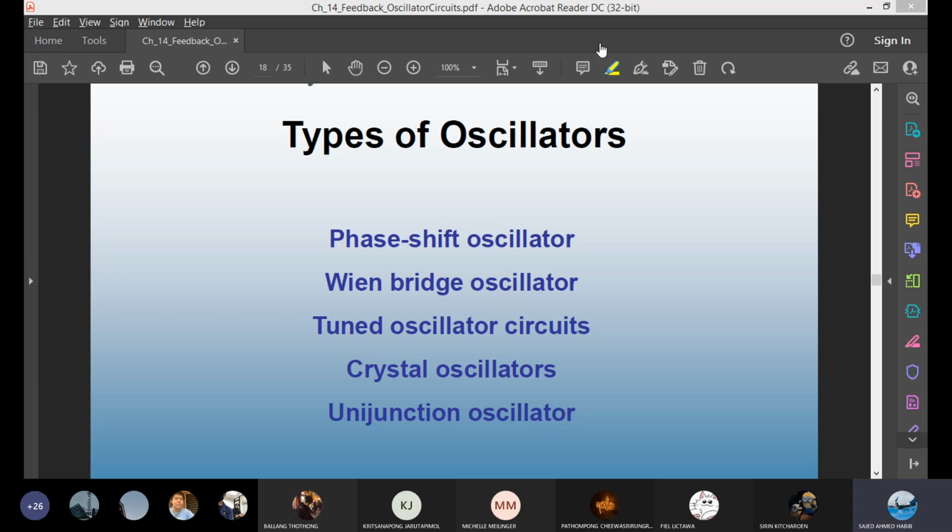Pichayut. Present. Jimma is present. Is Satawat present? Yes.